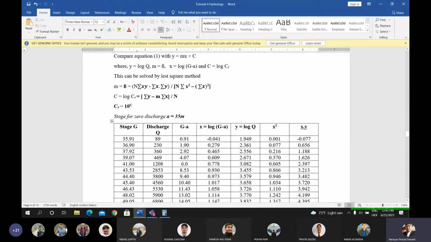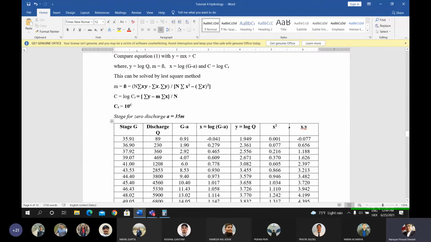Log g minus a means log 0.91, and you will get the value of 0.041. Log 1.90, the value will be 0.279, and this is x. In this way, you can calculate all the variables.